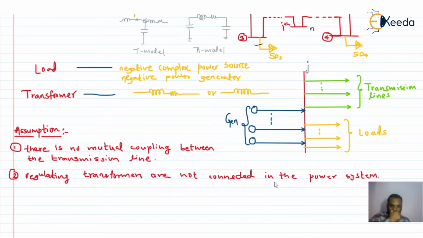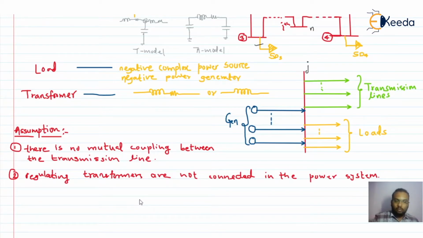See, if we don't consider these two assumptions, suppose we are considering a power system where there is mutual coupling between the transmission lines, and of course, a regulating transformer is connected in that power system, then we cannot simply use this modeling. We cannot simply model the power system the way I'm going to explain here.